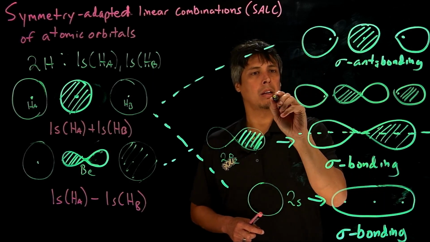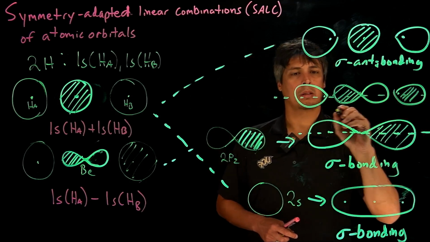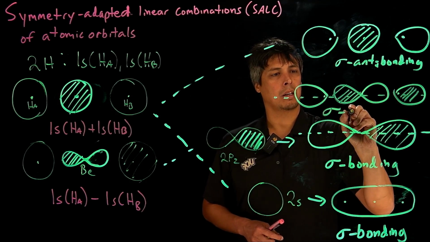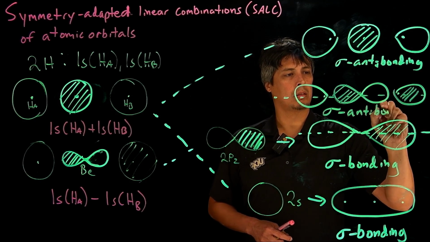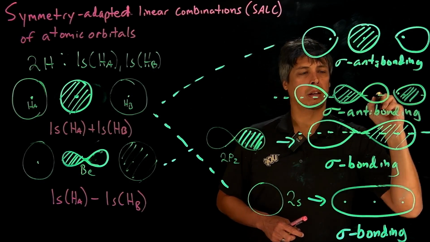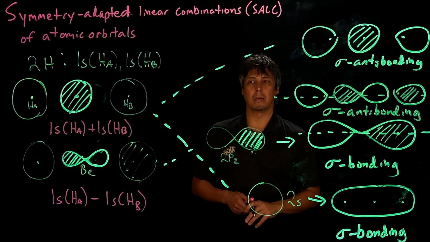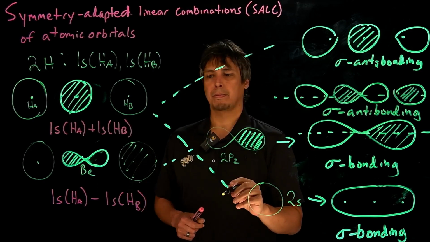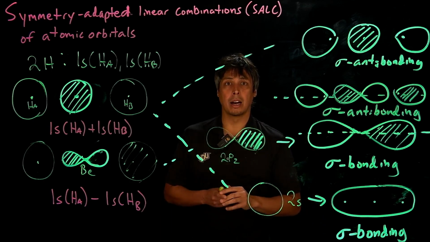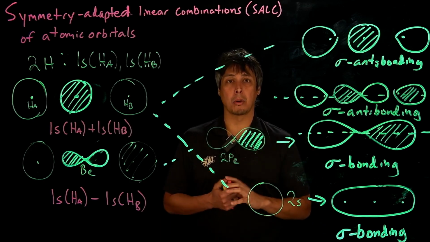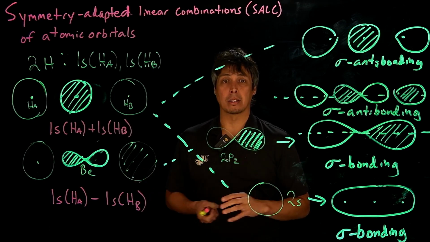All right, and again, there's rotational symmetry through here, but it's antibonding. So we have a sigma antibonding molecular orbital derived from this, okay? And then in the next video, we'll show what the MO diagram looks like after considering these, okay?